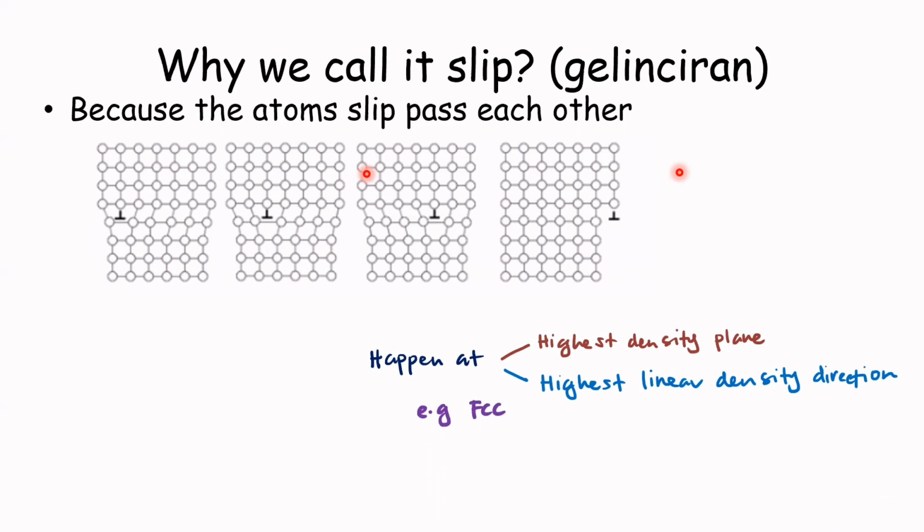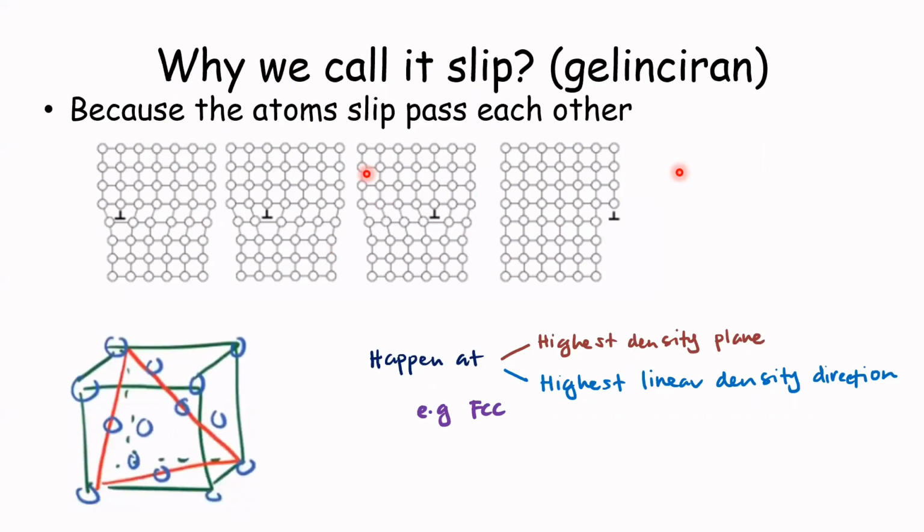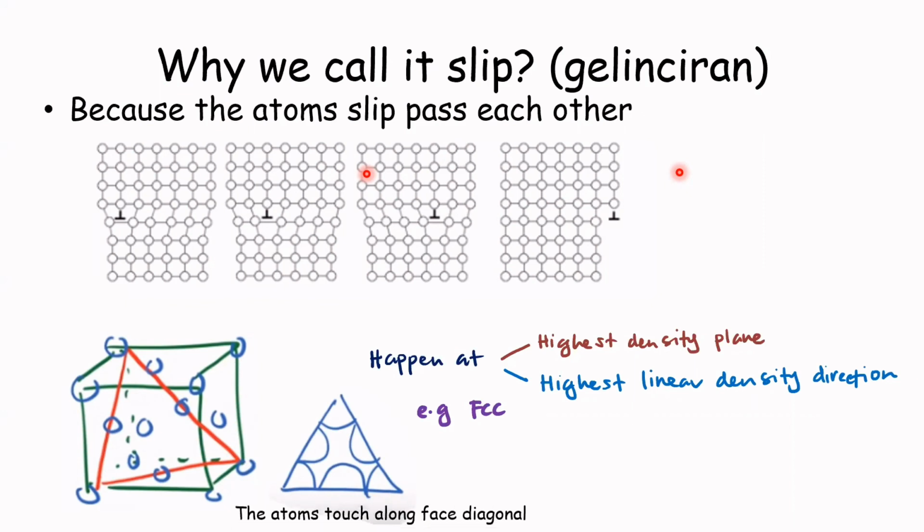They happen at the highest density plane in the highest linear density direction. For example, for FCC, or face centered cubic, it is most dense at this plane, and so slip will happen at this plane. We can see that the plane cuts through all the atoms with the highest planar density.